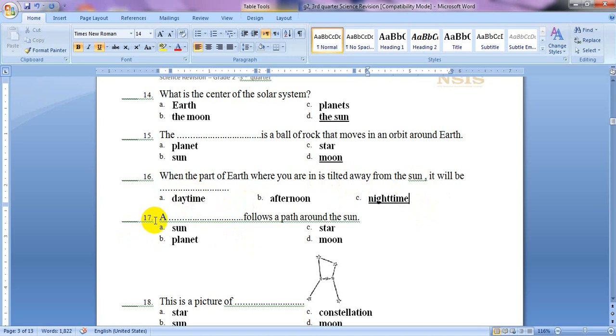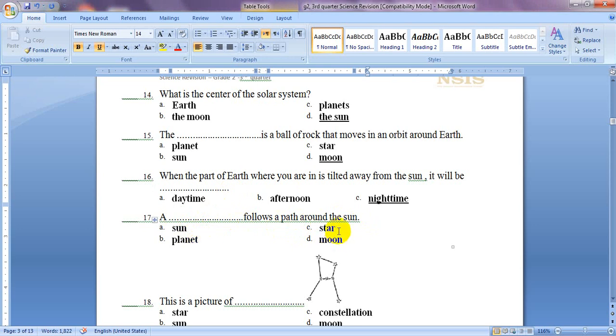Question number 17. A space follows a path around the sun. What is moving in a path around the sun? Is it the sun? Is it moving around itself?